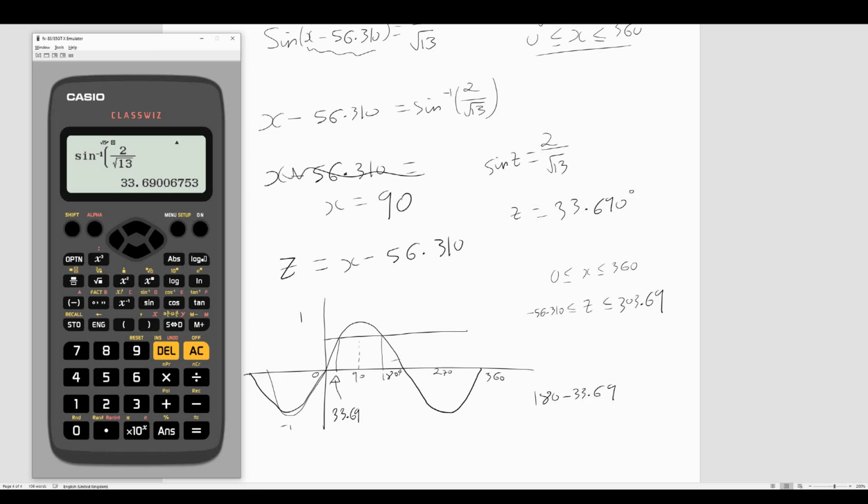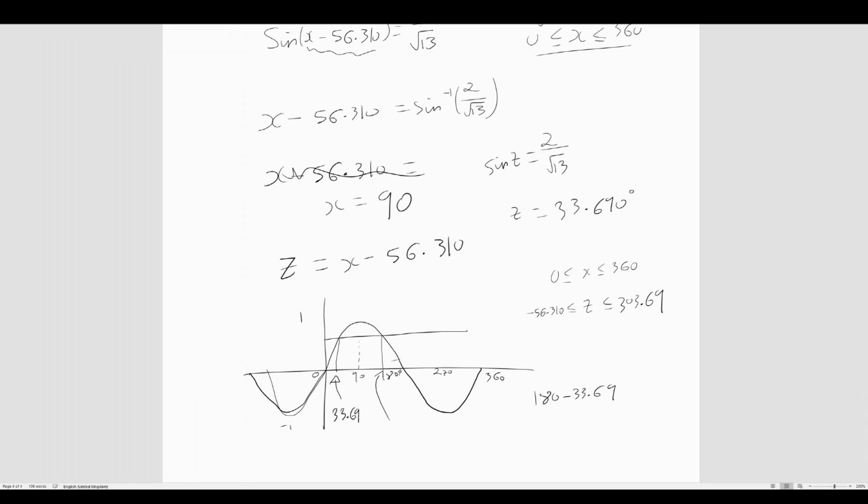So we have this value, and I'm going to do 180 take away it, giving me 146.310, which is this solution here. So I can say z is equal to 33.69 or 146.310, because obviously I can't see any solutions further on.